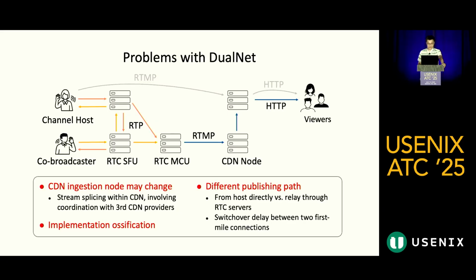Therefore, there's a high chance rebuffering may happen each time a channel enters a new streaming mode. In addition, the optimization of user experience involves many stakeholders and many internal teams at our company. That leads to implementation ossification.